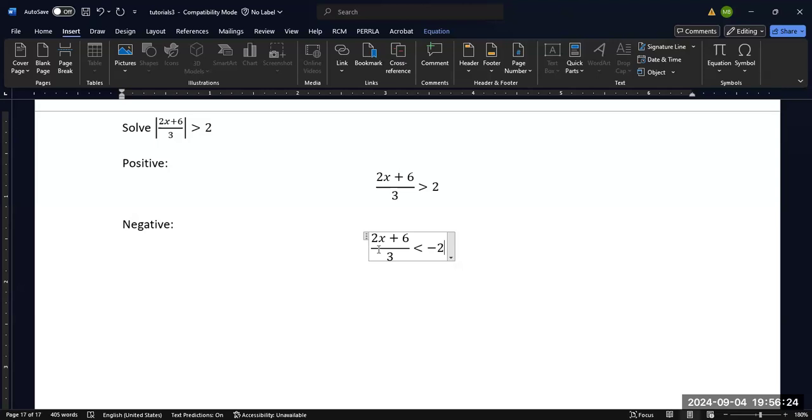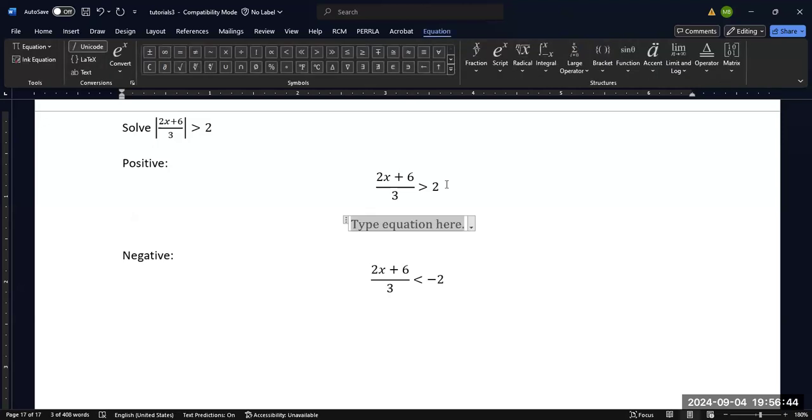Again, think about your V-shaped graph. And at the end, we'll draw these two and we'll look at where, in fact, the inequality applies just to check our answers. All right, so once we have our two equations separated out, we can go ahead and solve each one separately.